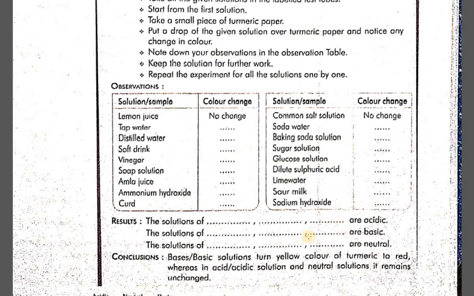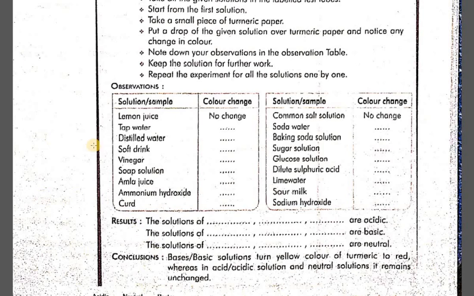So those of them that are turning red are basic in nature, whereas the ones which are not changing any color are acidic in nature. But here we will have to identify the neutral solutions as well. In that case we will have to perform a special kind of reaction, that is the neutralization reaction, or we will have to check it with the help of some other indicator, maybe litmus paper.